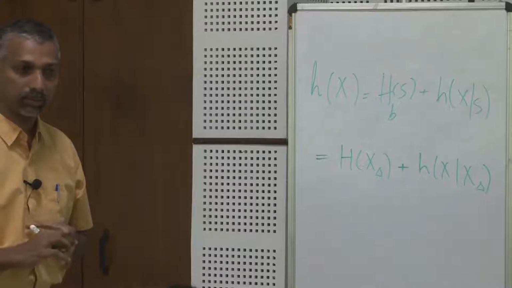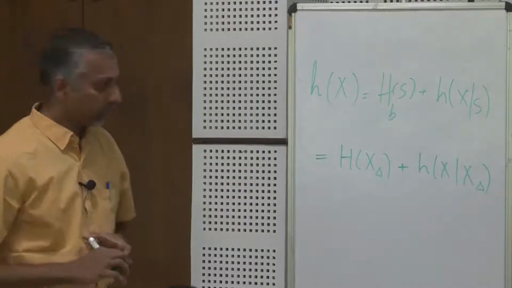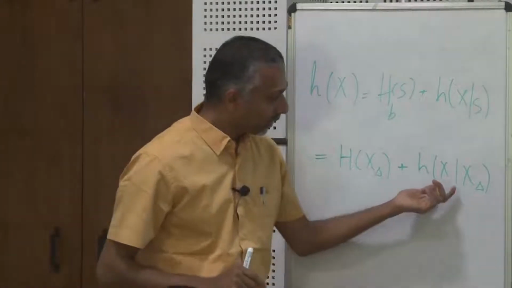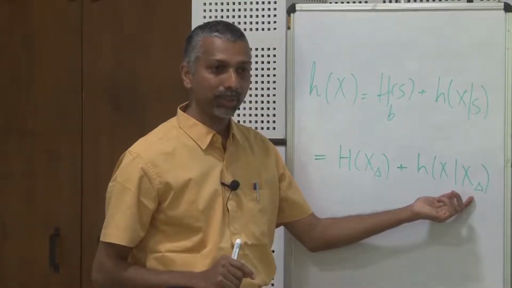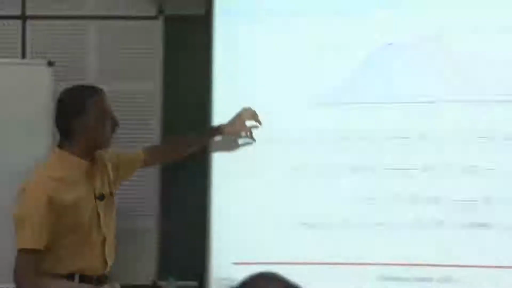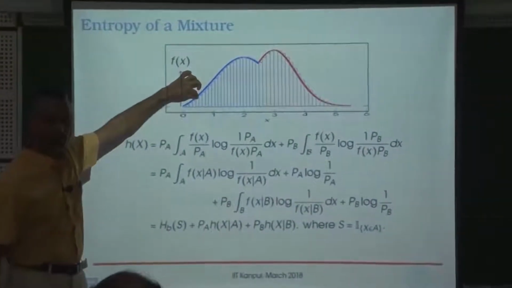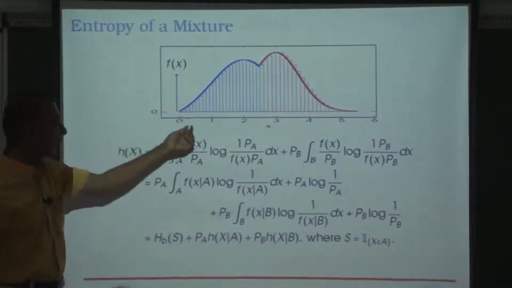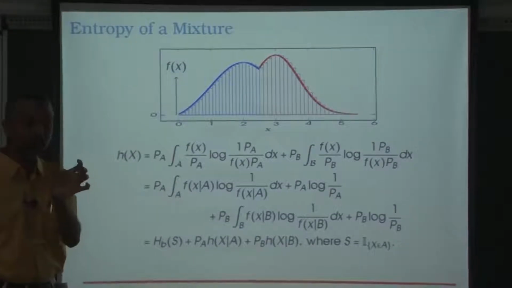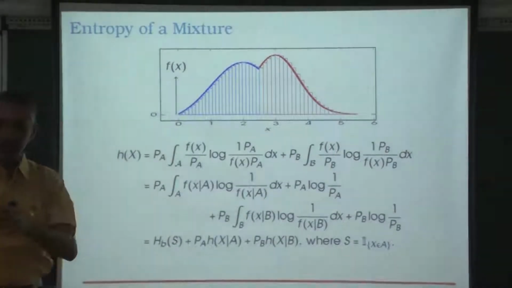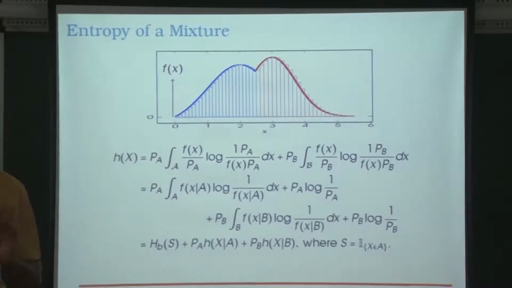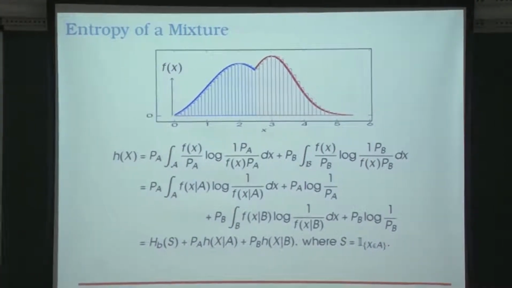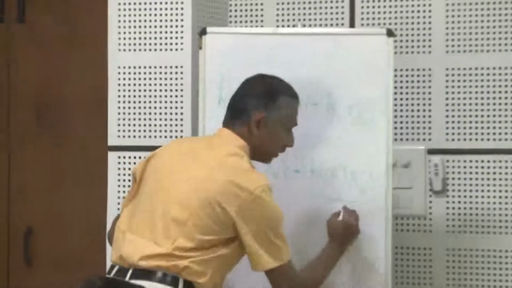right. But if you look at that, what is the entropy of x given x delta? As delta gets smaller and smaller, all you have is that you have to tell x into a small interval of size delta. That's all they are, right? So this will go to some constant.